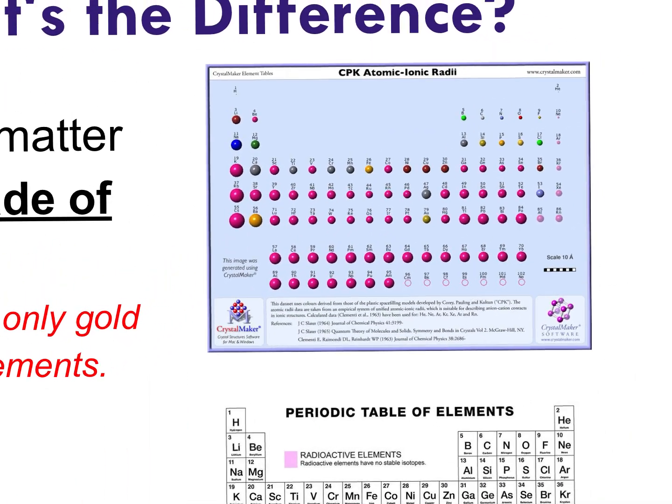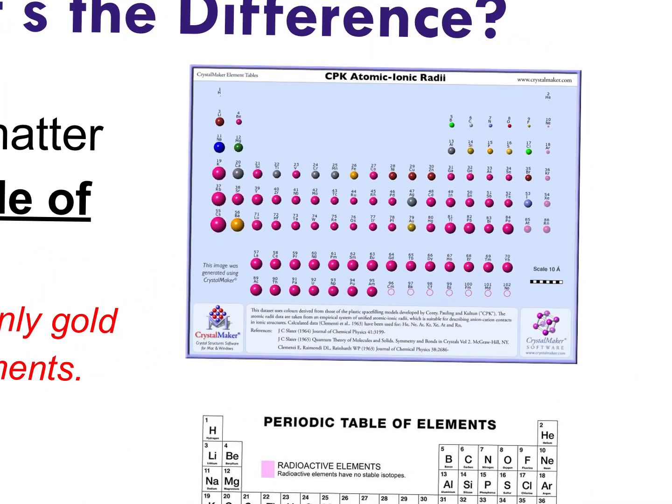This is sort of like the periodic table, but using models that represent atoms instead of the letters, the chemical symbols that you see down here in a traditional periodic table. So this, I think, is really cool because it shows that every element has a unique type of atom.